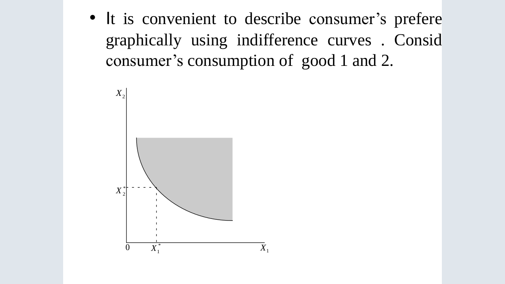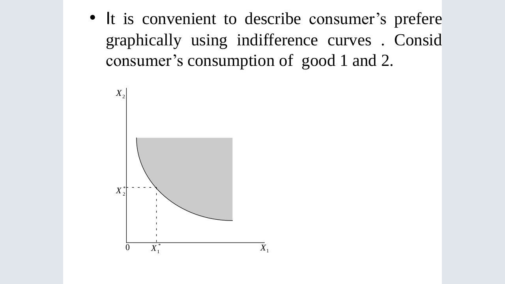Now, the shaded region is a region of the weakly preferred set. The reason why it is weakly preferred is that the consumer cannot afford the consumption that is above that shaded region because it requires more income.